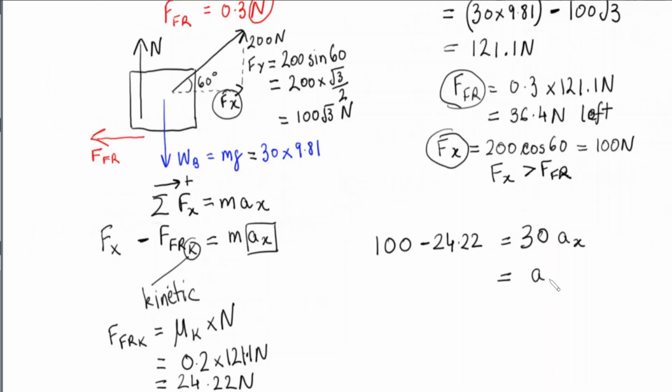So I can take that 30 to the other side, and we can go 100 minus 24.22 divided by 30 will be equal to the acceleration in the x direction. So if I plug these values into the calculator, I should get an acceleration of 2.53, and I've just rounded it up here, meters per second squared.